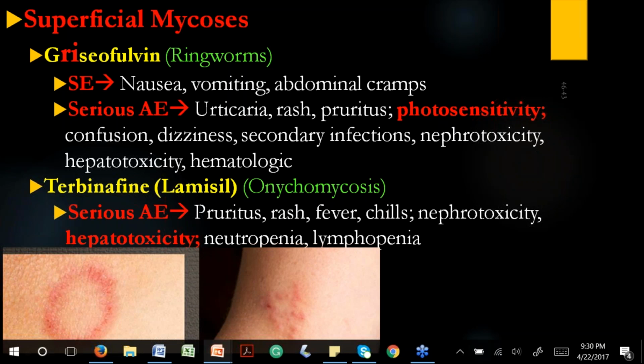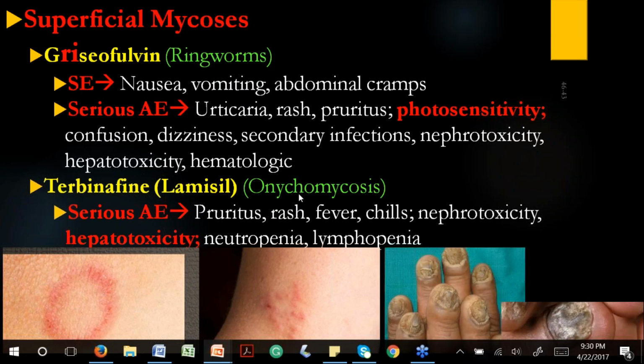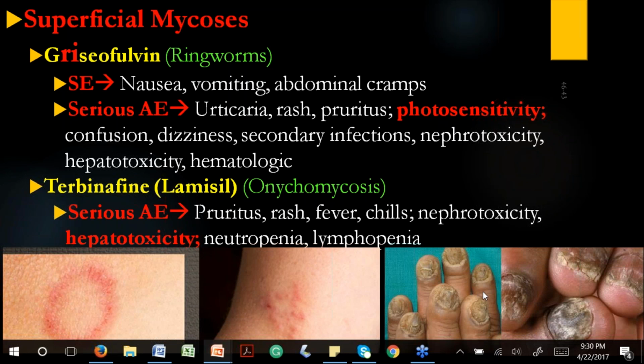All right, so let's keep going. We finished with systemic fungal infection. Let's talk about superficial mycosis. For superficial mycosis, we have griseofulvin, for ringworms. We also have onychomycosis, which is the presence of fungus on the nails.